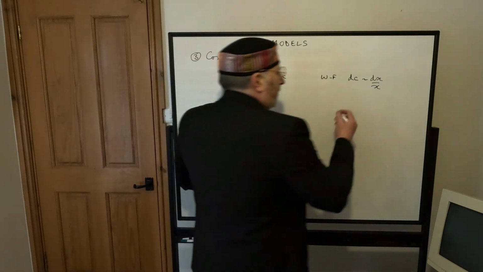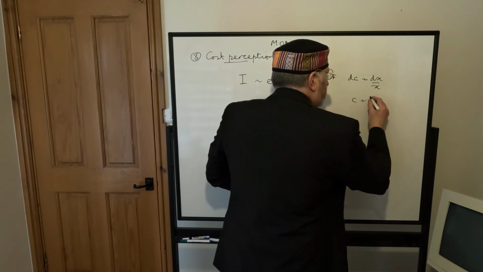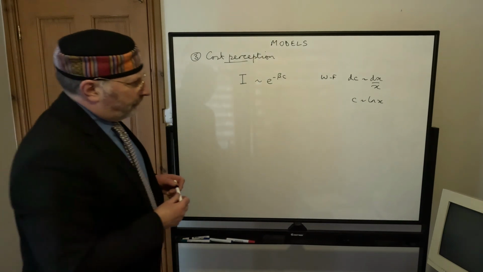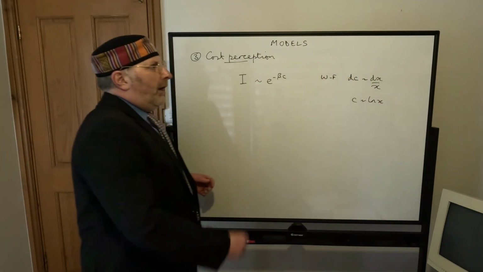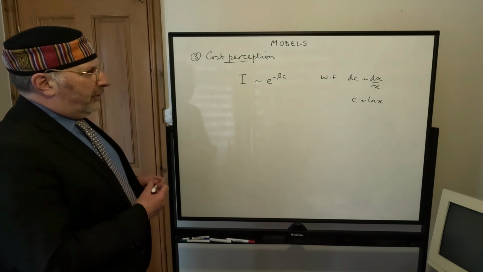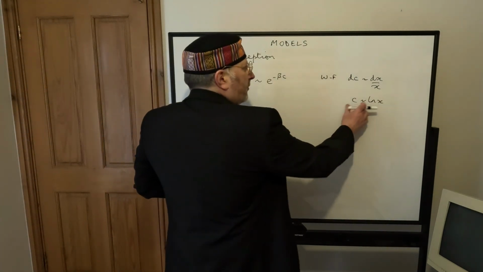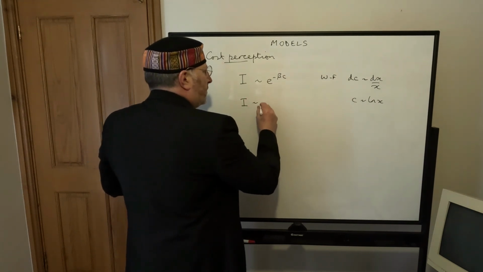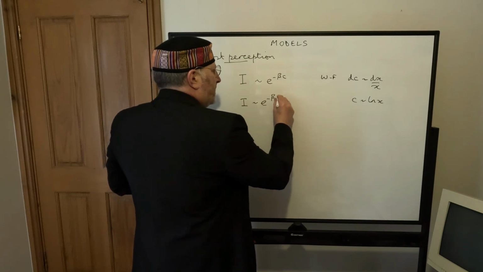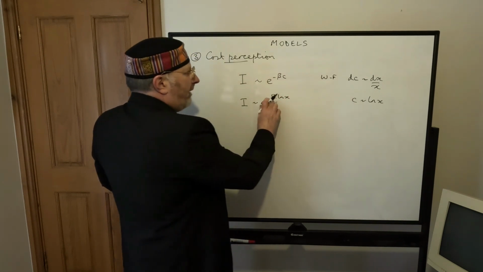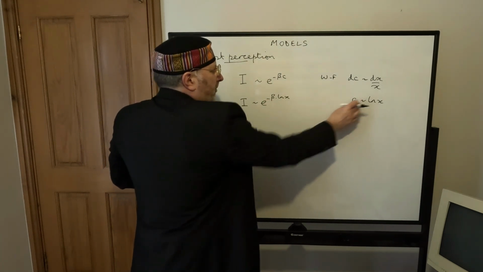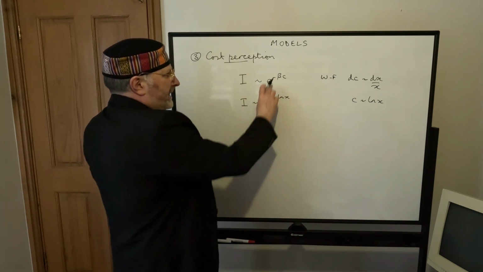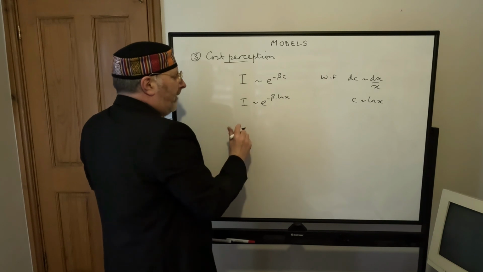Well, in that case, if we've got such a relationship, we know that the solution to that is C is proportional to log x, as we considered in the lesson on calculus. So we can substitute this for cost into here. So we've got the amount of interaction is proportional to e to the minus beta times the log of x, where we've got a constant multiplier there. I've absorbed that into this beta, so beta slightly changed its meaning, but it's still just a constant.